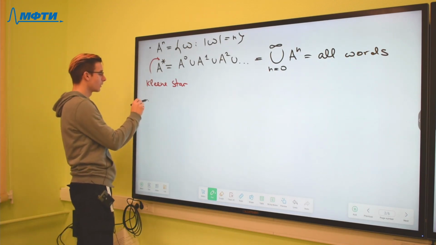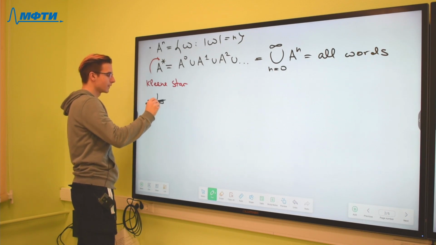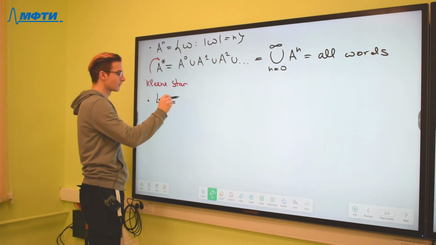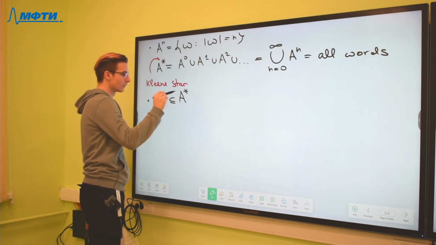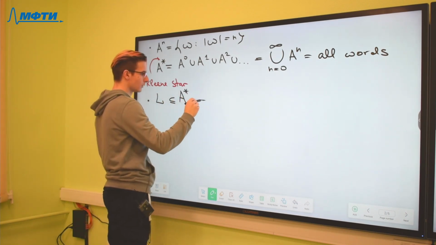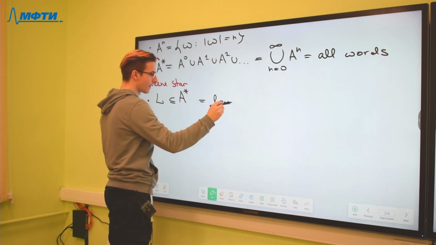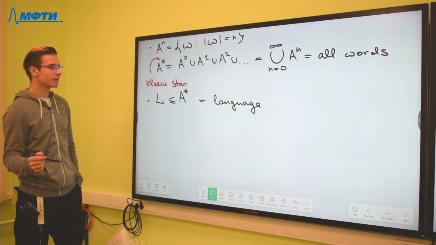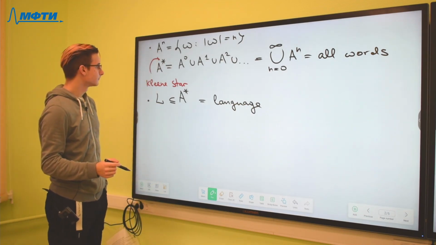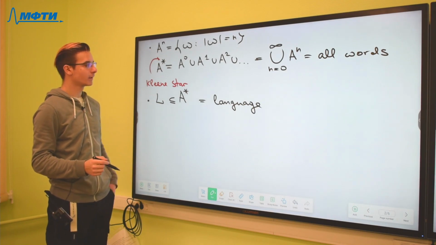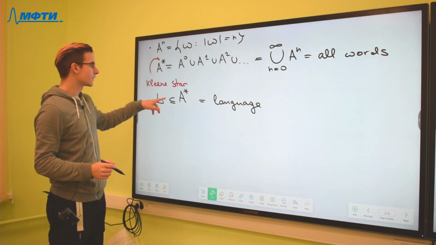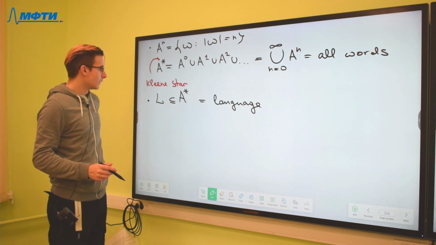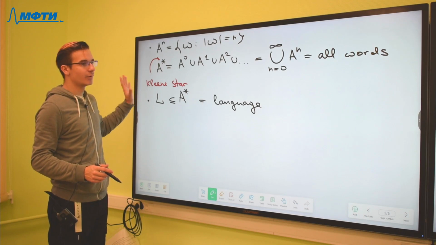And we say that a subset of this set is a language. So, in some tasks we can face languages, that is, subsets of A star, which are sets of some words.